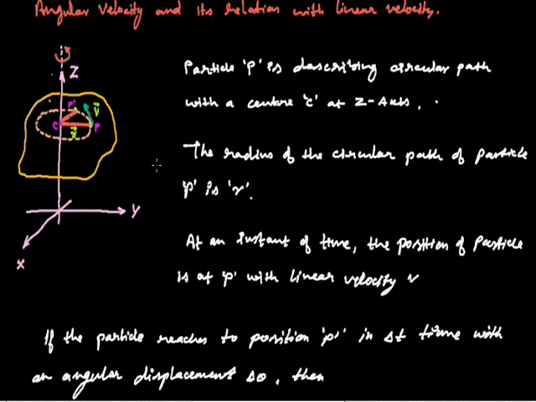Also we can see in the figure that the direction of the position vector, the direction of linear velocity and the direction of angular velocity can be given by a proper relation of the cross product of two vectors resulting in a third vector. How? See this.